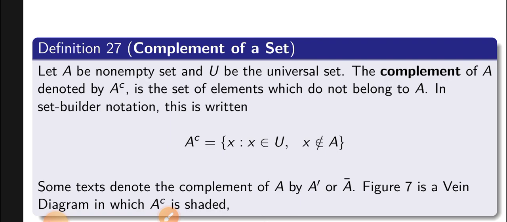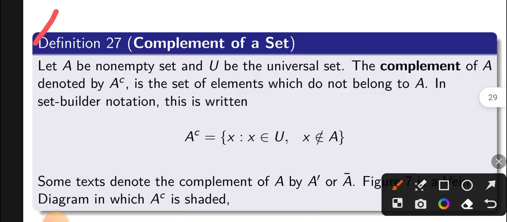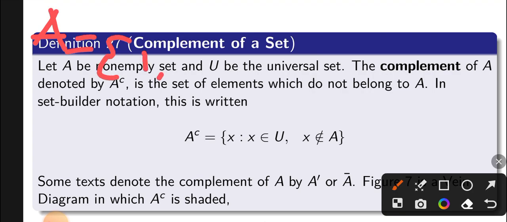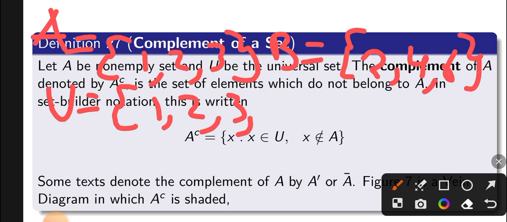So I talked about the universal. You might have maybe set A as 1, 2, 3. Then set B as 2, 4, 6. So the universal will be 1, 2, 3, 4, 6.